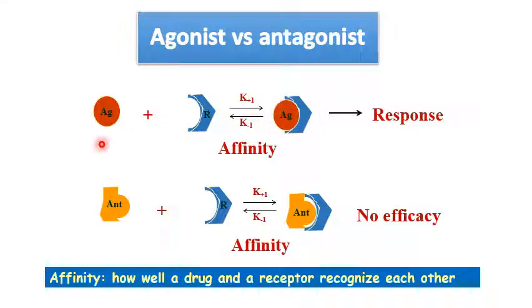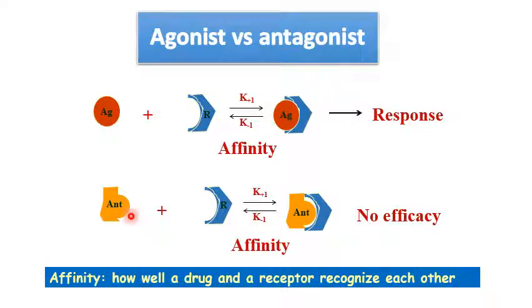The ability of this agonist to bind to the receptor is the affinity of this drug to the receptor, and the affinity is usually expressed by the rate constant. If the rate constant of the binding of the agonist or the substrate to the receptor is more than the rate constant of dissociation of the agonist from the receptor, then the drug has high affinity to this receptor.